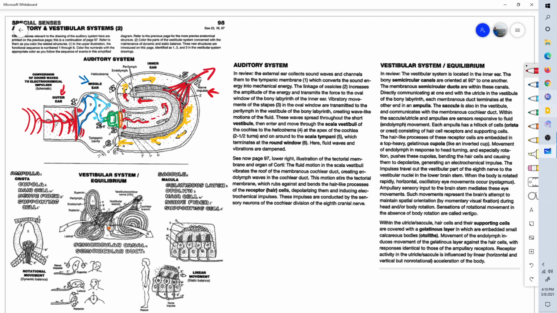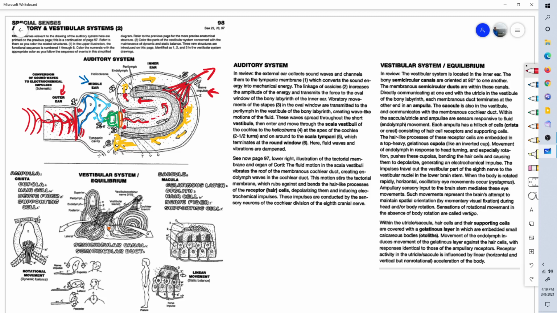And of course, the sound, once it reaches this endpoint, the round window, the sound is dampened and weakened so that there's no echo going back and forth.